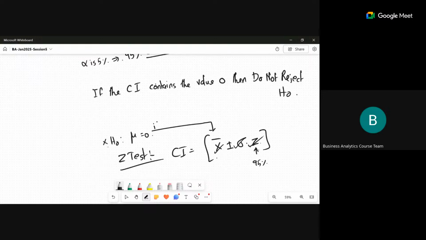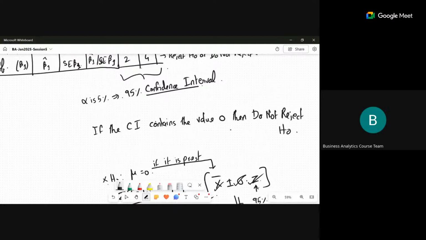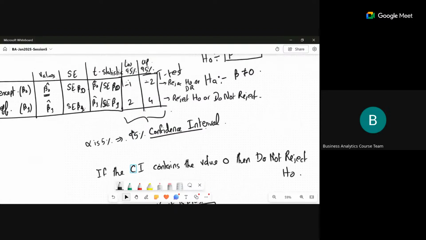So if it is present, that implies you do not reject. Similarly, if the confidence interval contains the value 0, you do not reject. If it does not contain the value 0, you have to reject, right?